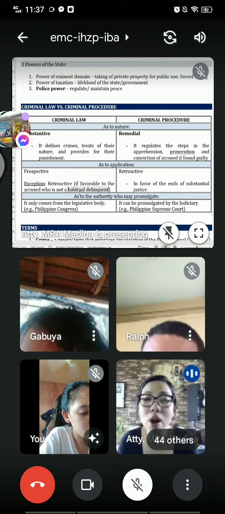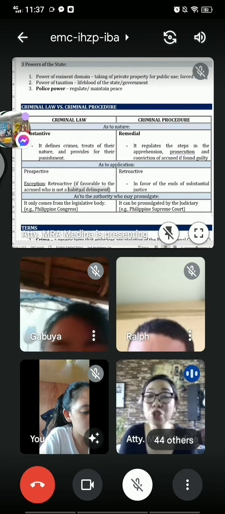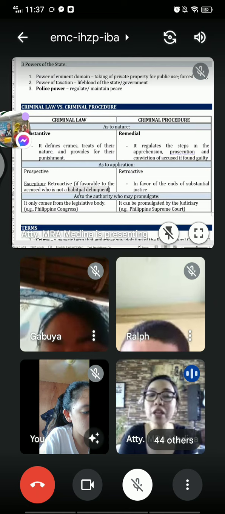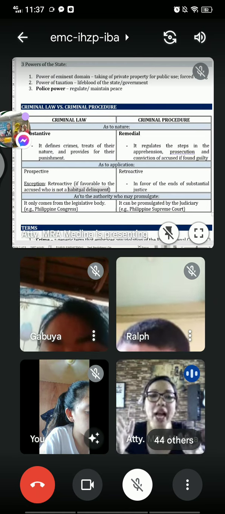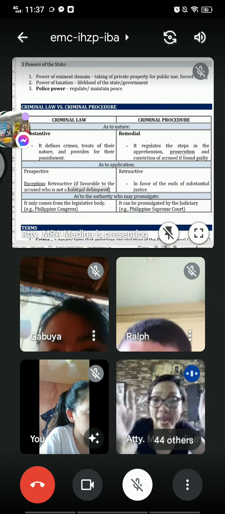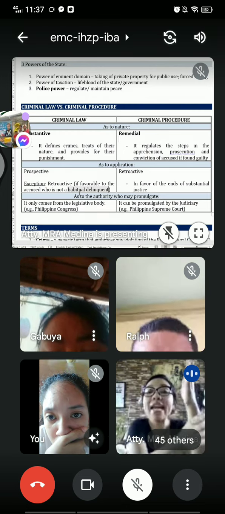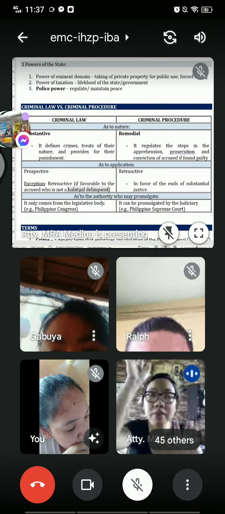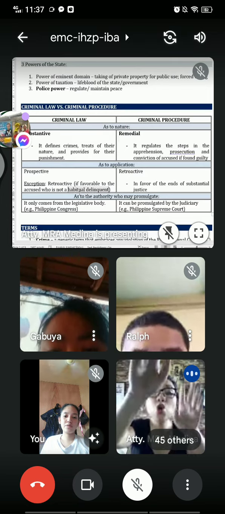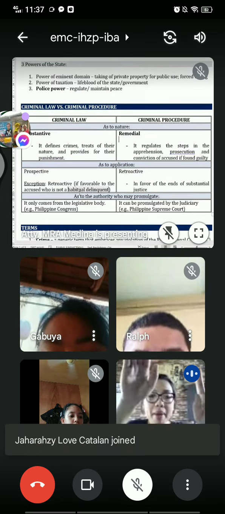It provides the penalty, for example reclusion perpetua, and the period of punishment. That is criminal law being a substantive law, because it defines what the crime committed is and the corresponding penalty.